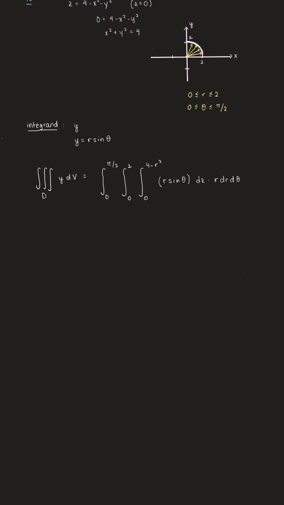All right, I am going to do this by first evaluating the innermost integral, then the middle one, and then the outer. So our innermost integral, notice that we have the integral from 0 to 4 minus r squared, and the integrand, don't forget that we have this little r here, is going to be r squared sine theta dz.